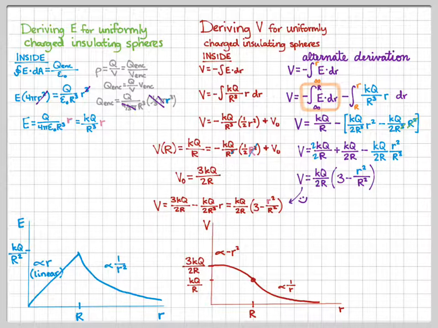Okay, there's an alternate derivation which I almost like more. Since potential difference is a scalar quantity, you can just add up each individual integral. So I've set up V equals the negative integral from infinity to little r, little r being the point in question, of E dot dr. Well, we already know what the integral of E dot dr is from infinity to big R. That's just going to be the potential difference for a point.